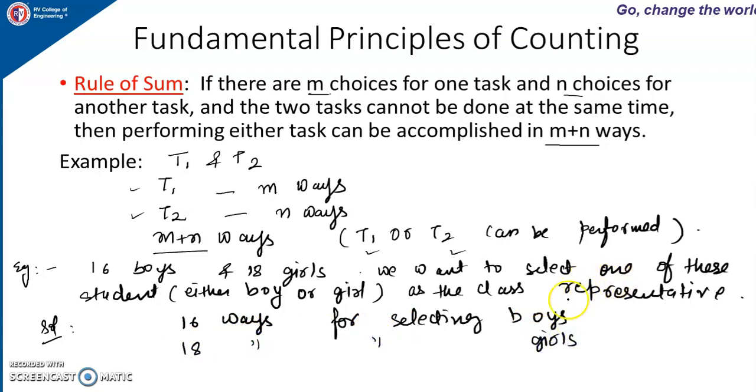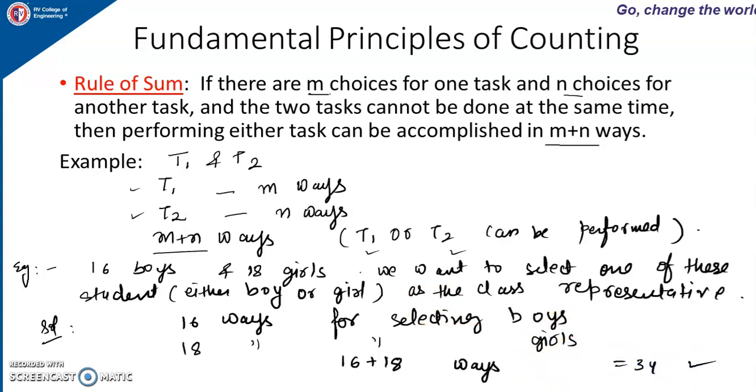Since we have to select either a boy or a girl as class representative, not both, there will be 16 plus 18 ways. So 34 will be the answer.